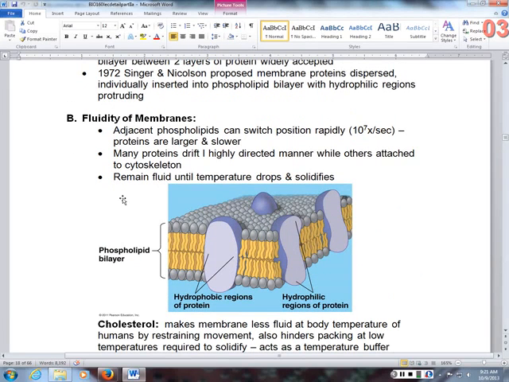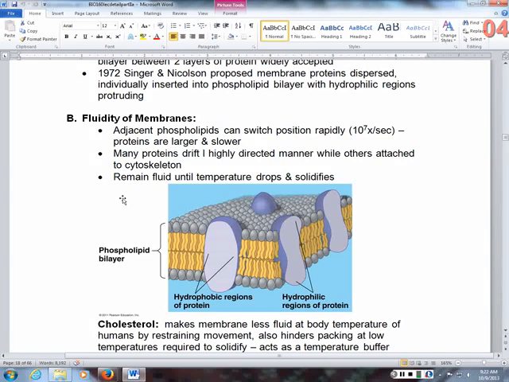So the fluidity of the membranes: these adjacent phospholipids can switch positions rapidly, they can do it 10 to the 7th times per second. What that means is they can do it this many times, a 1 with 7 zeros. They can move around that many times in a second.